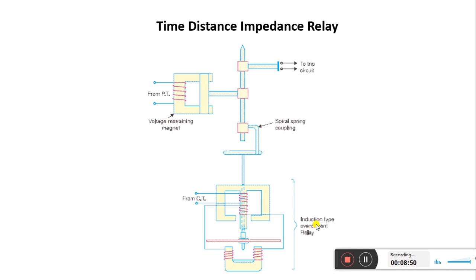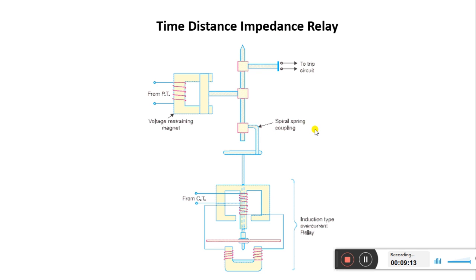In that condition, this spindle moves away from the contacts, and these contacts will remain open against the spiral spring force.